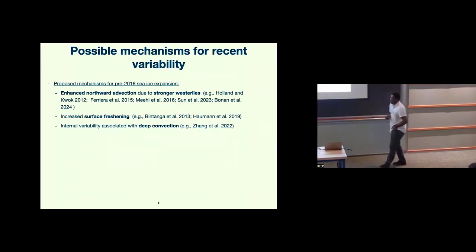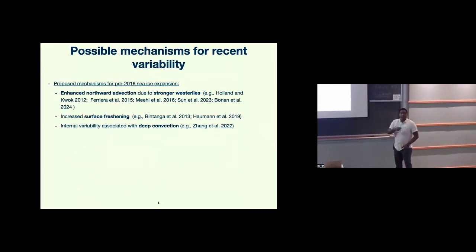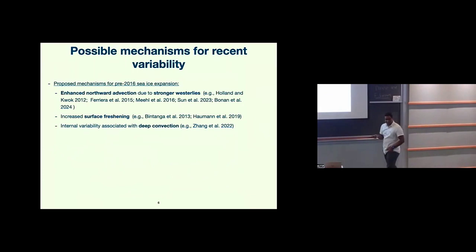Okay, so there have been a lot of studies trying to explain these changes, both for the expansion period and the subsequent retreat period. This is not an exhaustive review of all these studies, but I just want to highlight some of the recurring themes. For the pre-2016 sea ice expansion period, a lot of studies have focused on the role of the strengthening of the circumpolar westerlies, which would enhance northward Ekman transport and promote ice expansion into the circumpolar channel.